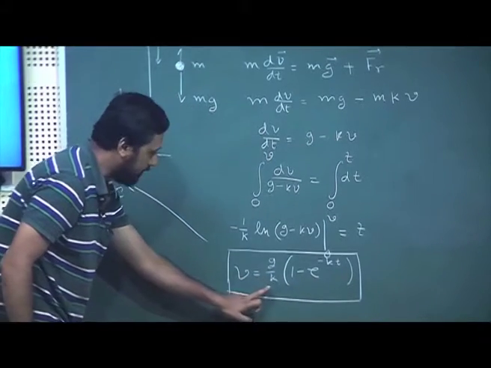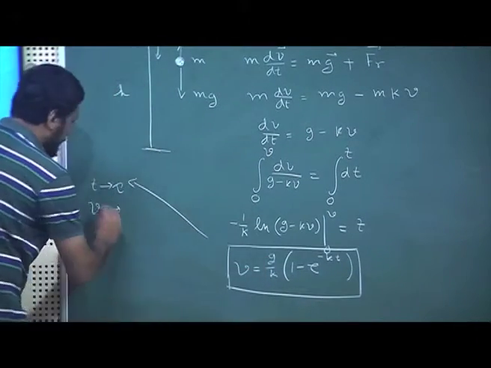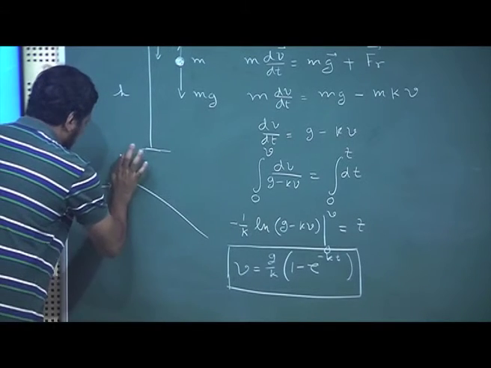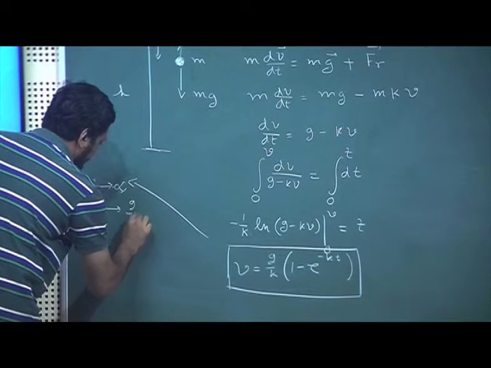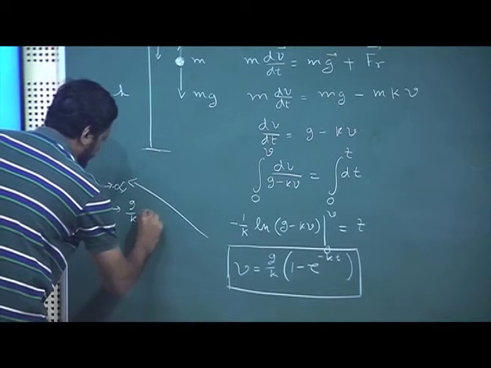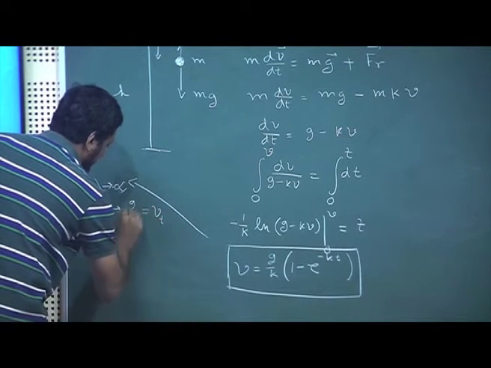So the only term left is g by k. So v, as t goes to infinity, goes to g by k, and this is called your terminal velocity Vt.